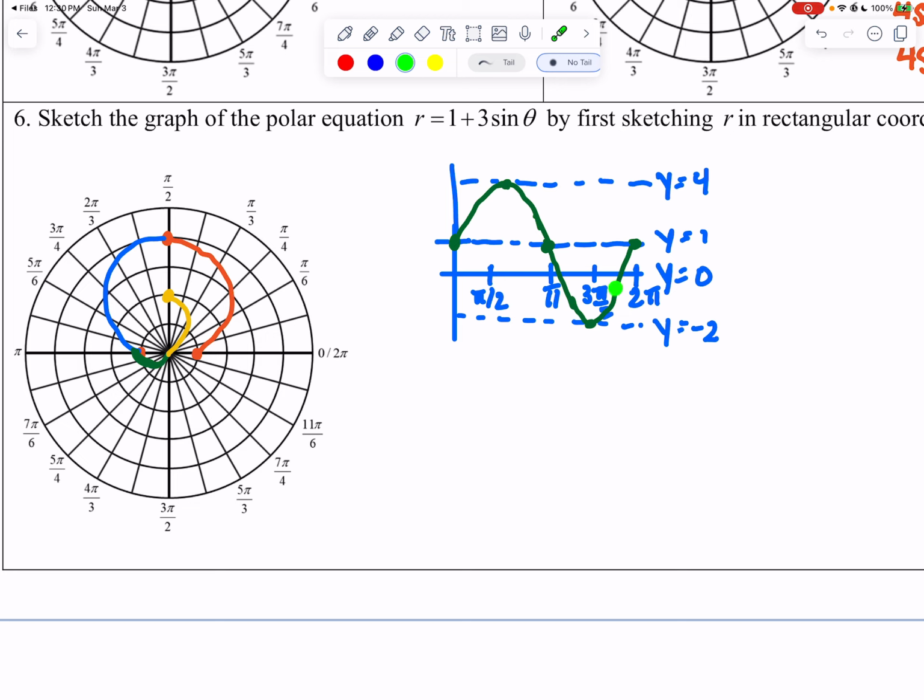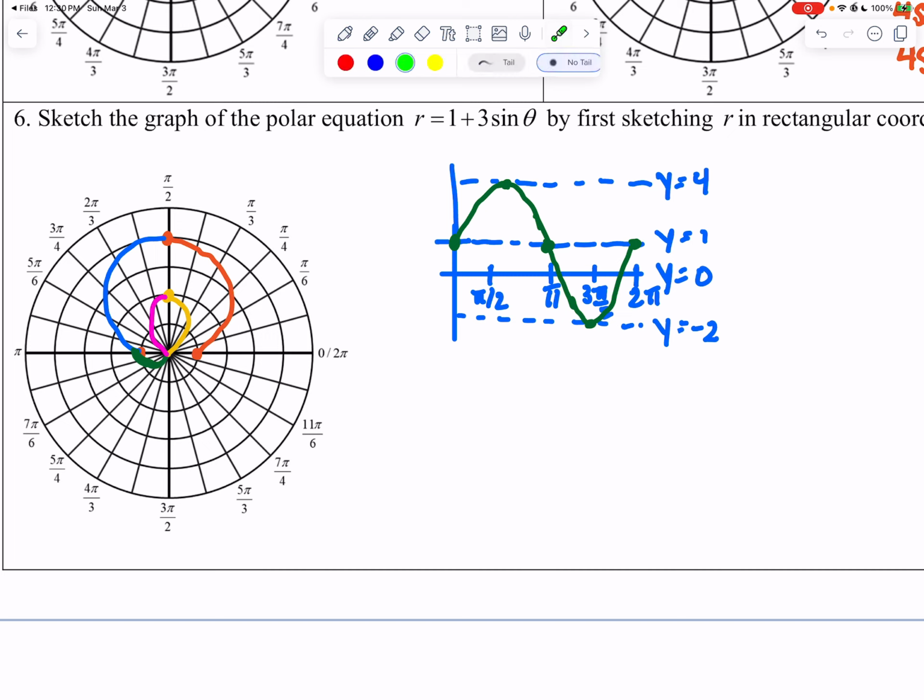Okay, now from here to here, we have something between 3 pi over 2 and 2 pi, and that's going to be 0. So we're going to do the same thing where I am decreasing. Now, why am I decreasing even though this is increasing? Because remember, I have an r value of -2, so that's going to flip everything. Now, it's going to look like this.